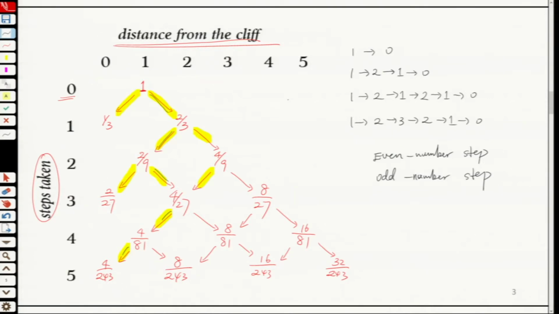Now in this case, if we are away from the cliff, that means we have already taken 1 step, 2/3. Given that we take the first step in this way, what's the probability we take another step, the second step here, and then another step over here? So this will be 1/3 times 2/3. And 2/3 times 2/3 again.